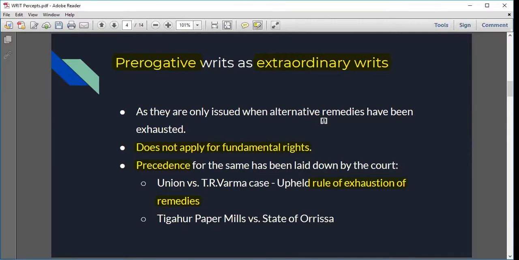In such cases writs can be issued, and therefore these writs are called extraordinary writs. I have mentioned two cases here: Union versus T.R. Verma, and then Tegahur paper mill case versus State of Orissa. We will talk about these cases, and then about the rule of exhaustion of remedies, in the regular classes. I'm not picking up these rules right now, just to keep the demo simple.